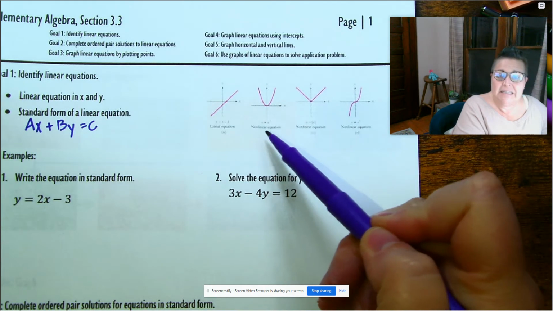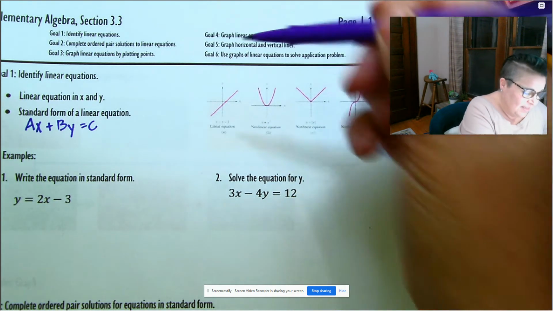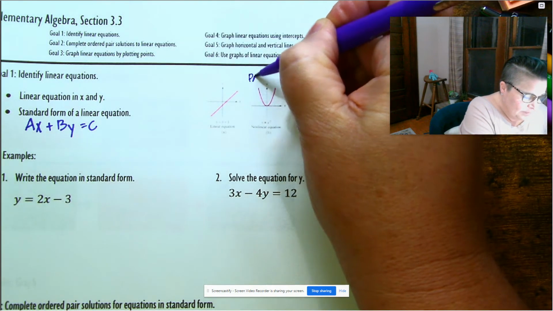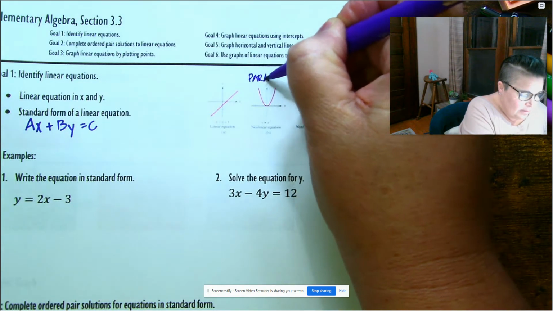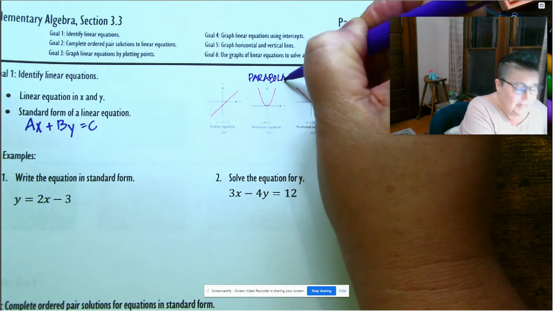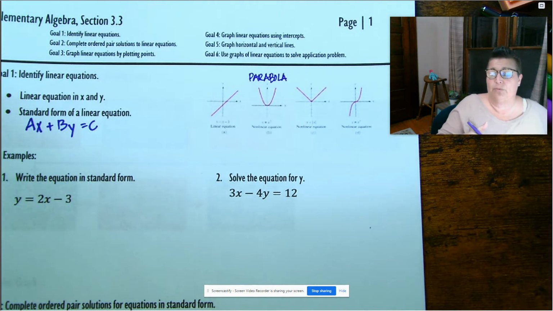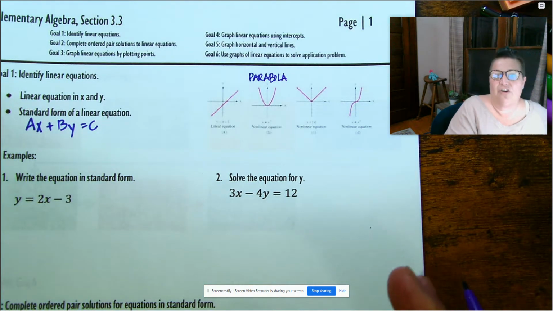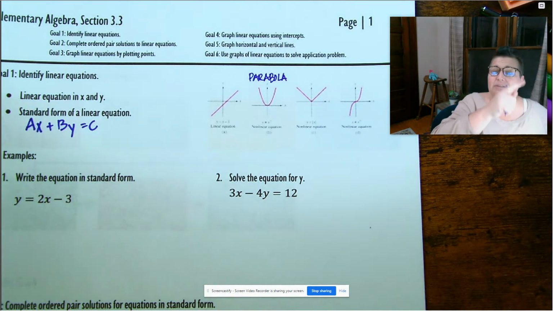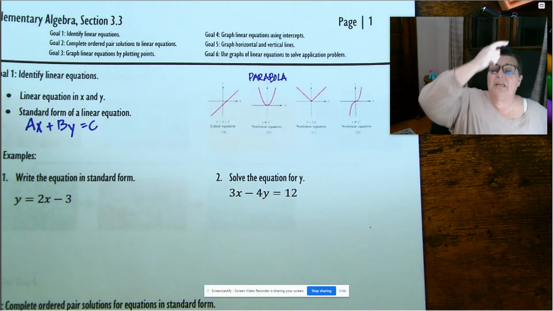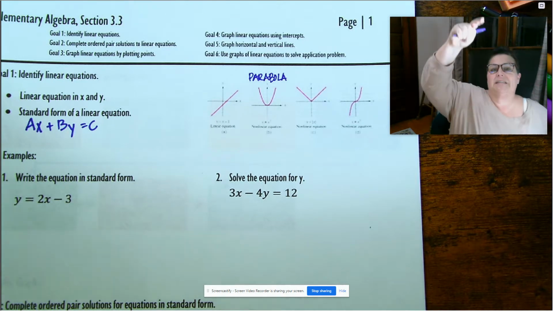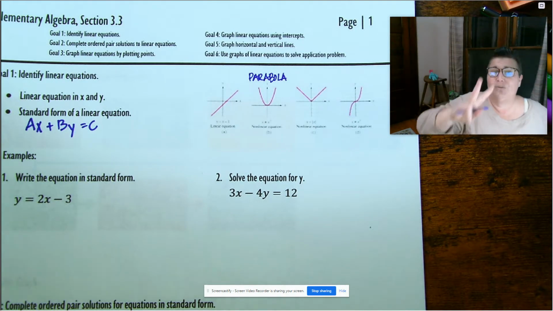If you look at this second graph, this is called a parabola. We did have one in section 3.2, we graphed one, but this is not linear. And I know it's not linear because we have that change of direction. It was falling and then all of a sudden it's increasing. That's 2 different directions.